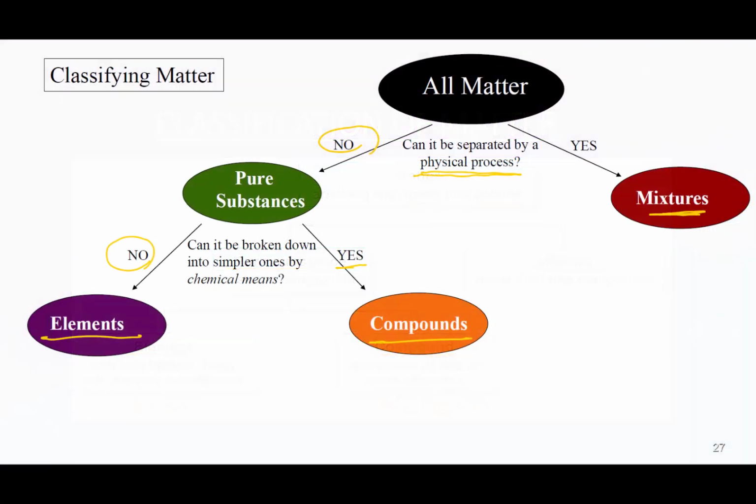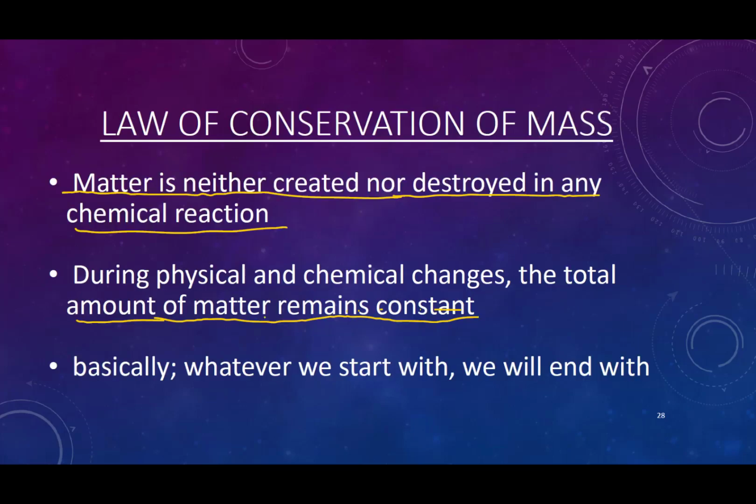That's why I wanted the exact same number of each atom on each side of the equation. That's why matter is neither created nor destroyed. Whenever you are writing down a chemical equation, you have to follow the law of conservation of mass. As I told you, I will talk about it in depth, and you don't need to worry about it for now.